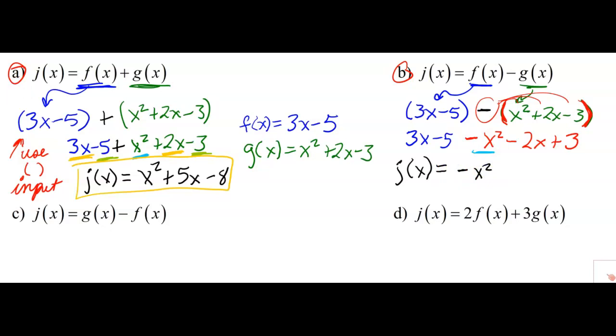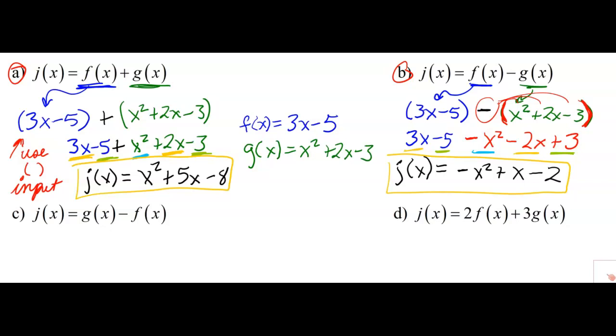Second, x, because it's the next exponent down, 3x minus 2x is plus x. Lastly, negative 5 plus 3, and I will get negative 2. And then that is my final answer. So there is A and B.